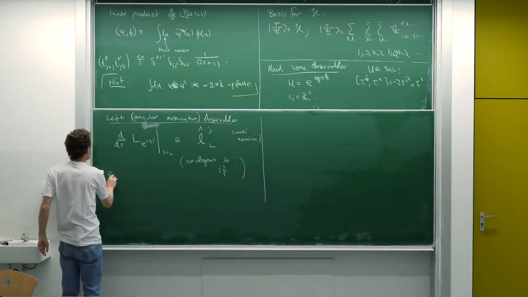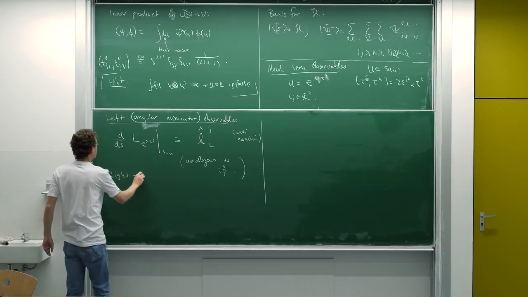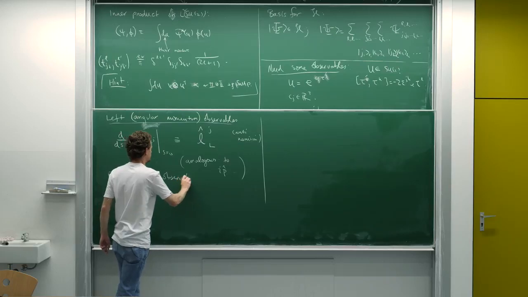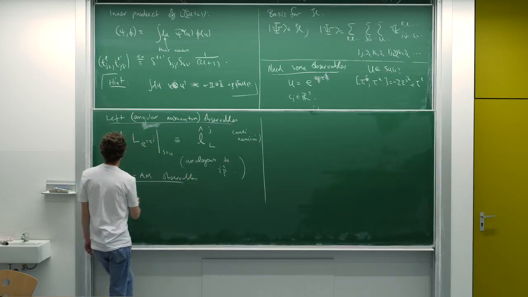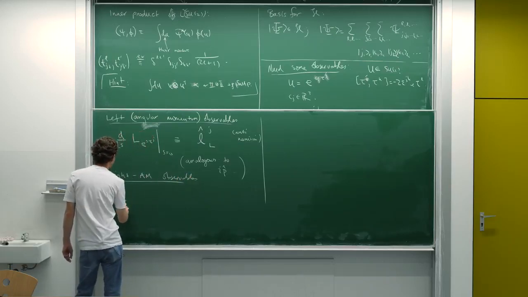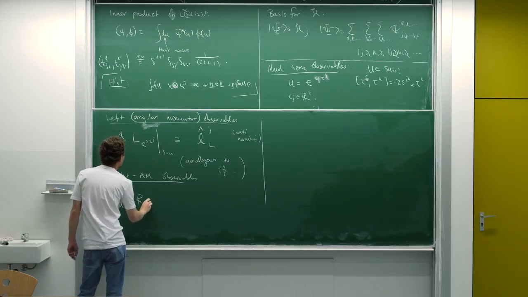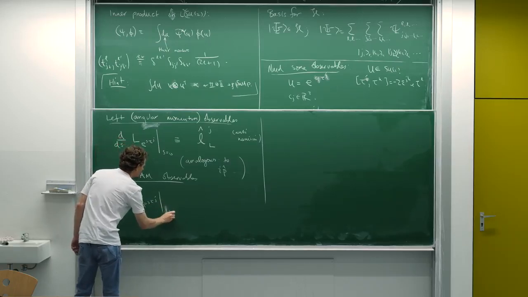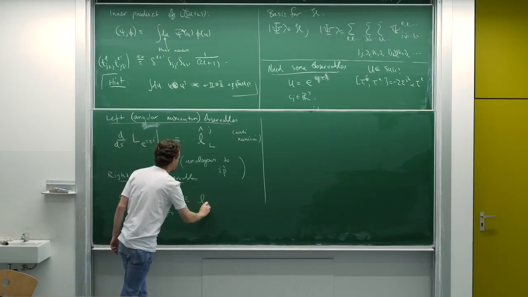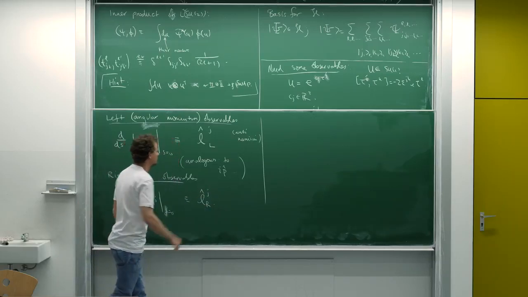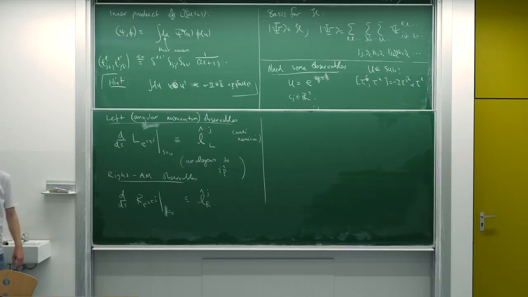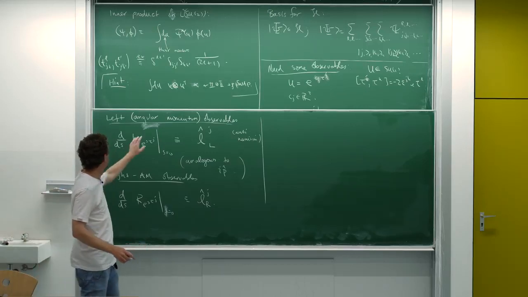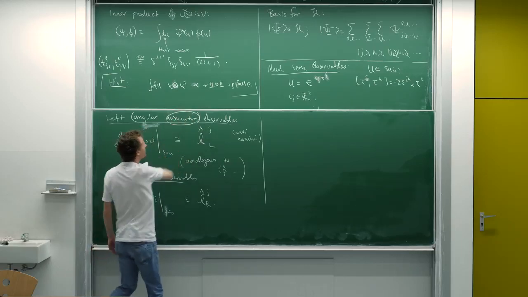And we also have the right angular momentum observables defined exactly the same way, but using R. It turns out we'll just need the left ones. Okay, those are momentum type observables.